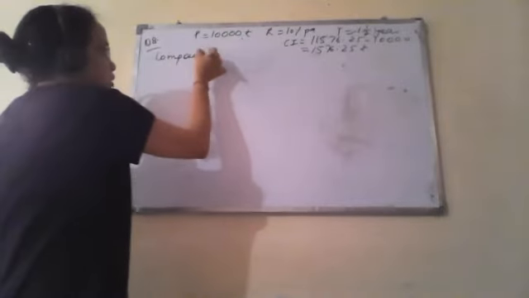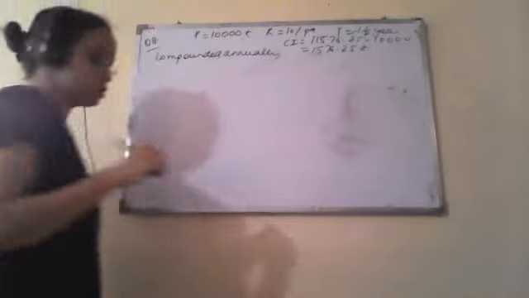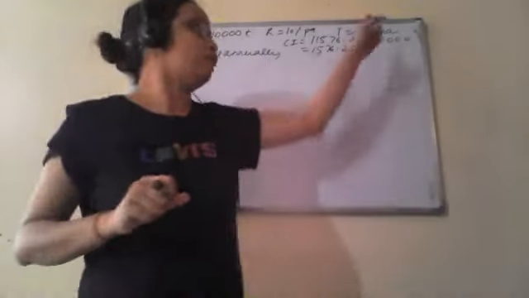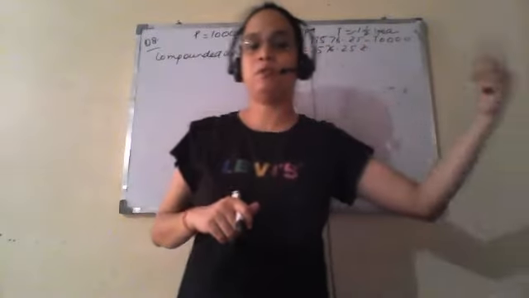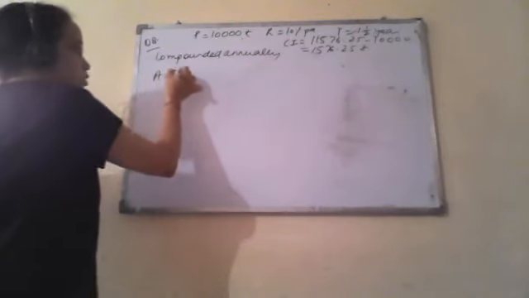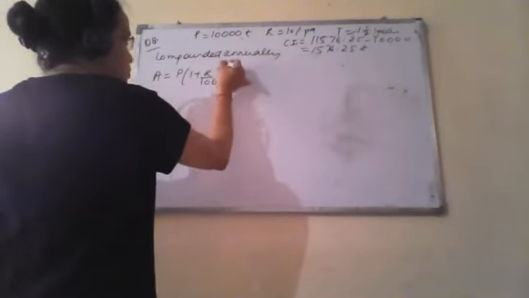Now we will calculate when compounded annually. In case we are calculating annually, first we will calculate the amount for 1 year, and then for that amount we will calculate interest for half year. So the amount equals P into 1 plus R upon 100 to the power n.